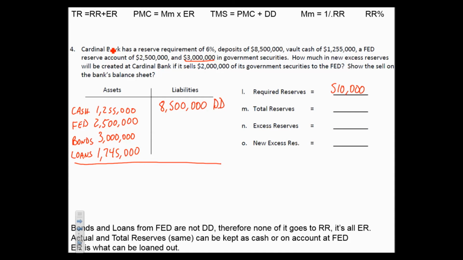So this is right, 510? Okay. Total reserves. Okay, the bonds are not liquid cash, so they're not part of the reserves. Just the 3755. Is that, yeah, 3755. Okay. Excess reserves are the difference here. So what is that? 3245.